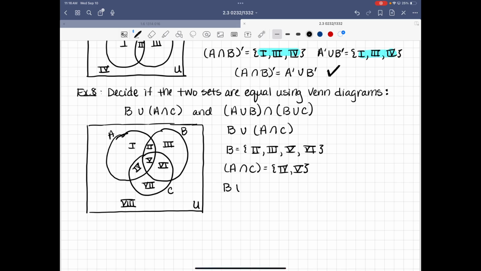So now I can find B union A intersection C. Because you got your two parts, right? We're looking here and we're looking here. And we want the what? The union. We want the union of it. So that's pretty easy. We just write everybody down, don't we? So I have 2, 3, 4, 5, 6.